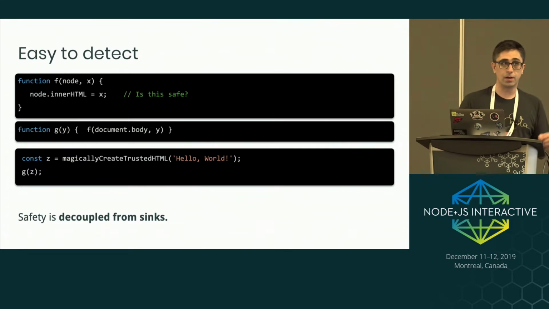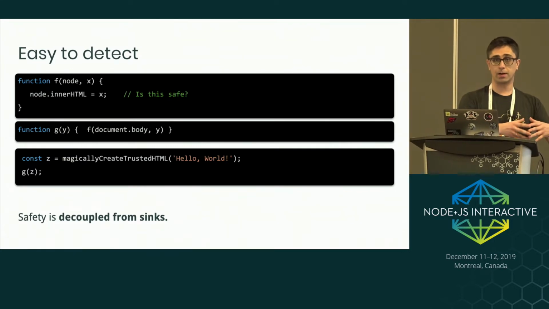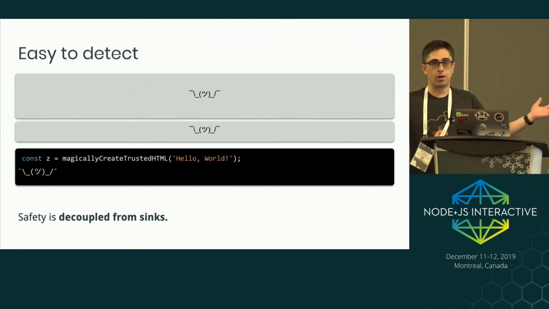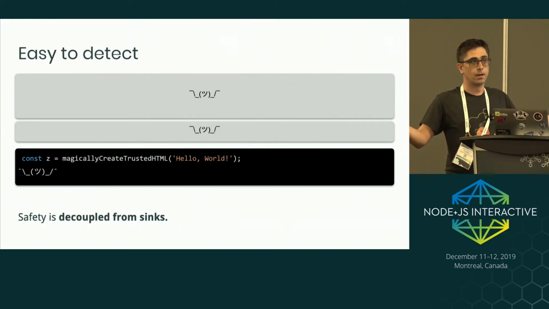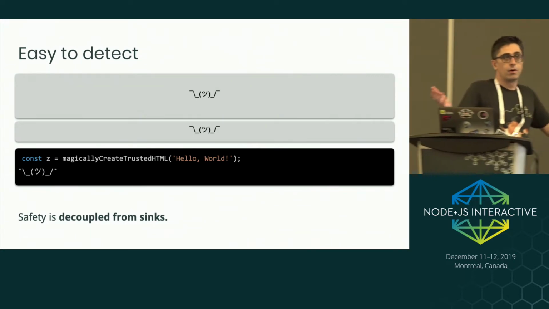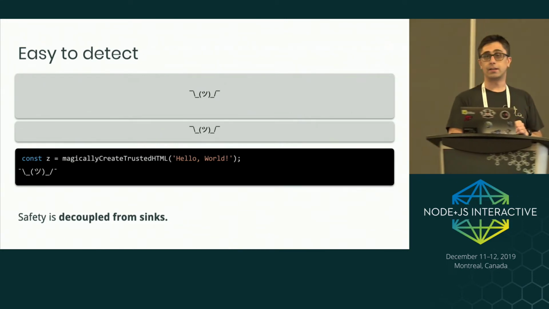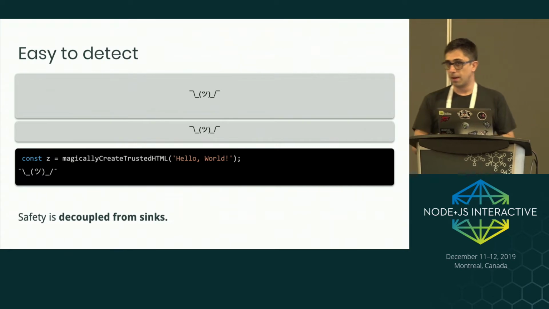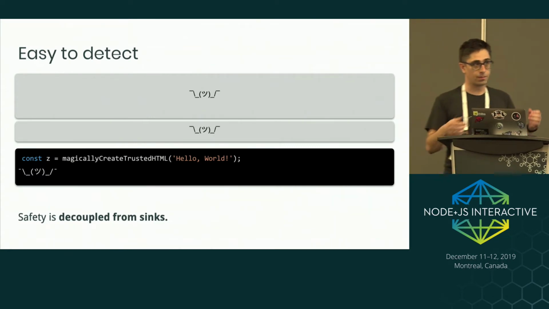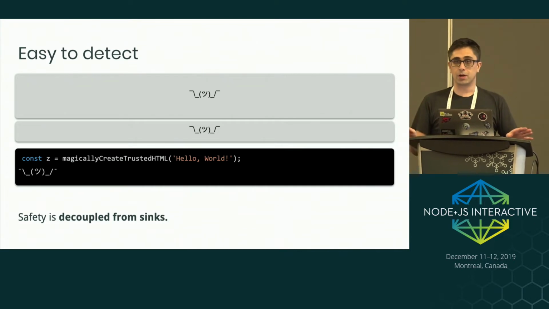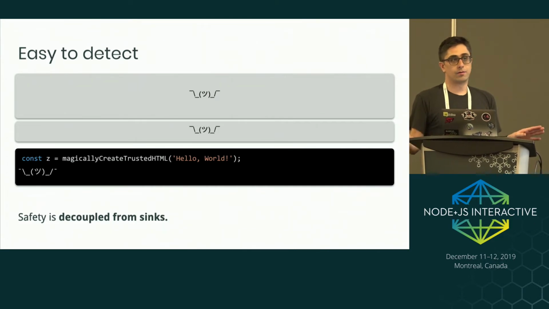What that means is that when reviewing an application for security, I can totally ignore all the other parts of the code. Now, the only lines of code, only functions, that matter are the ones that create trusted values. These can potentially introduce something insecure, but the rest of the application code base is completely irrelevant for DOM XSS.